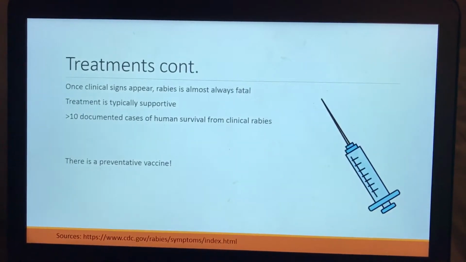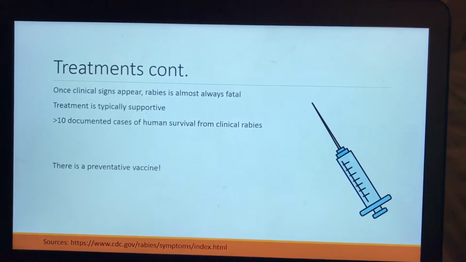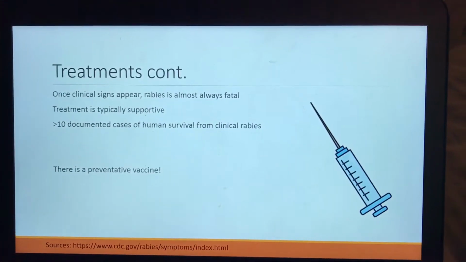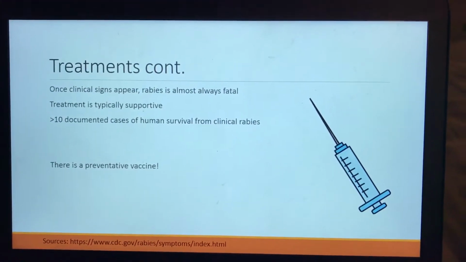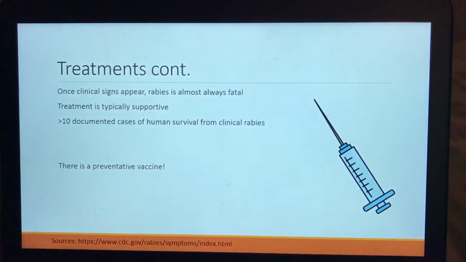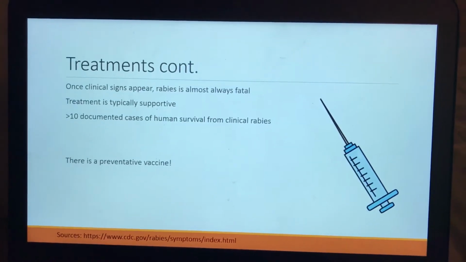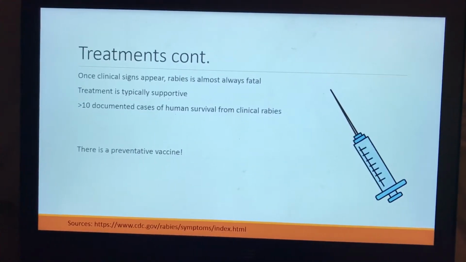Once the symptoms of rabies appear, it is almost always fatal. So at that point, the treatment becomes supportive rather than trying to actually get rid of the disease. And there are less than 10 documented cases of human survival from clinical rabies. But the good news is that there is a preventative vaccine.